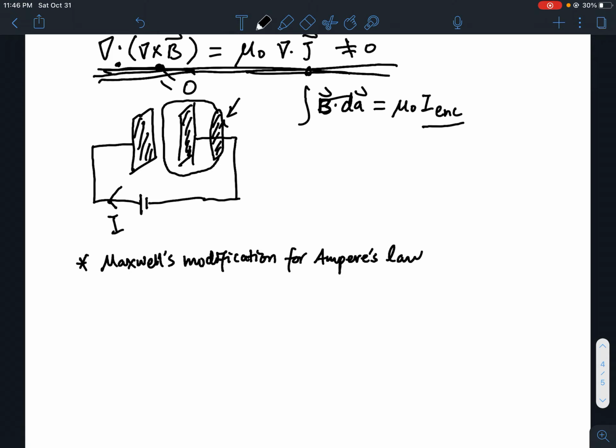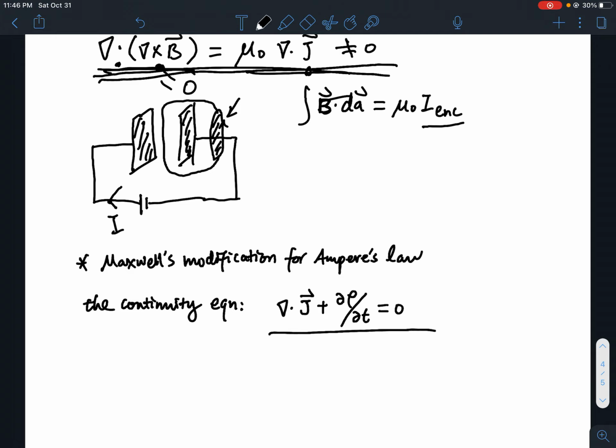What we can do is first look at the continuity equation that we described before. What we had before is del dot J plus partial rho over partial t equals 0. You can go back and look at how we derived this equation.